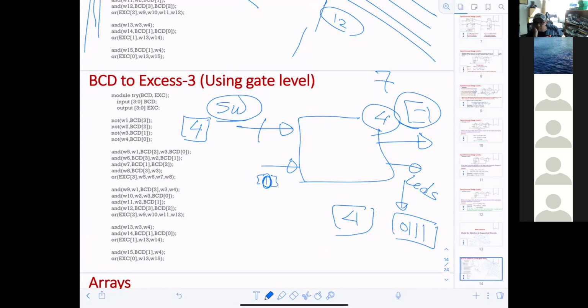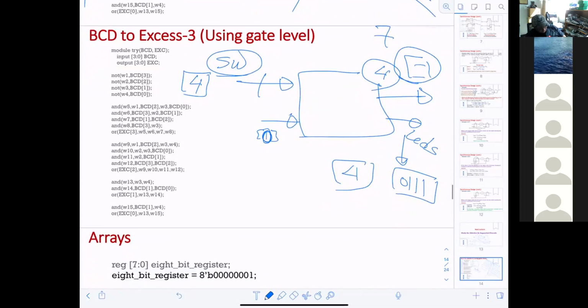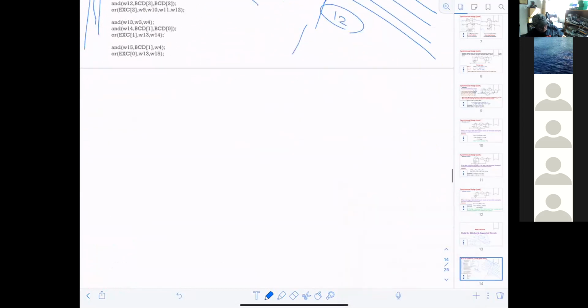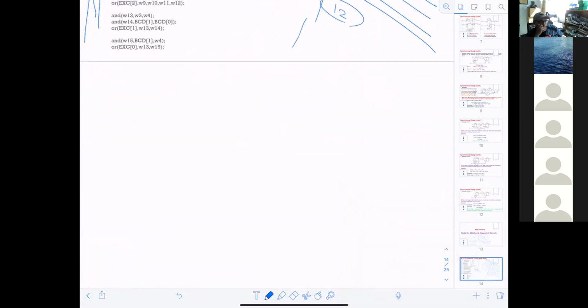Using a box? Yeah, this is a big box. Should I help?